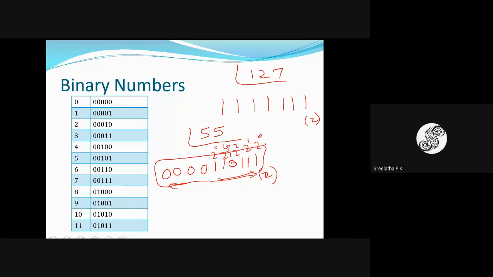Find these values, you will get the decimal value of it. So 1 into 2 power 5 plus 1 into 2 power 4 and so on. Solve this expression, you will get the decimal value from this binary bit pattern.